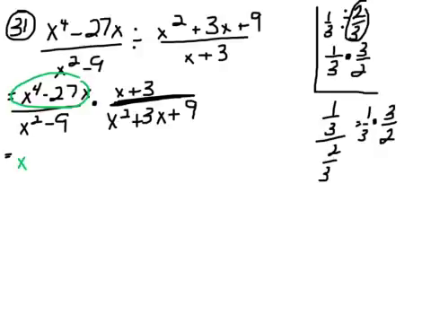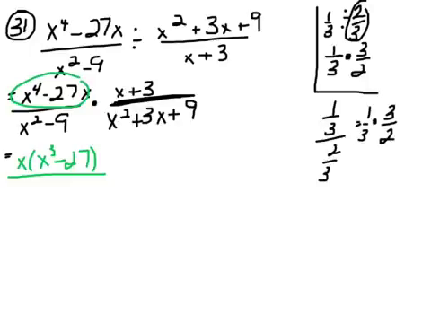I could take an x out, but there's not a number in front of that x to the fourth. So if I factor that out, what's left in x to the fourth if I take an x out? X cubed, and then I got a subtraction sign, and I had a 27x, but I took the x out. That's going to be a 27. Oh, that's going to be a cube to factor, isn't it?